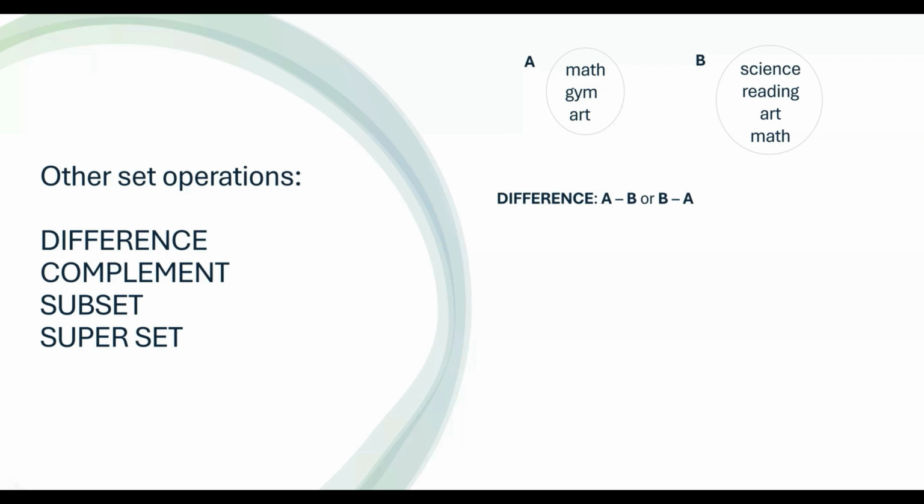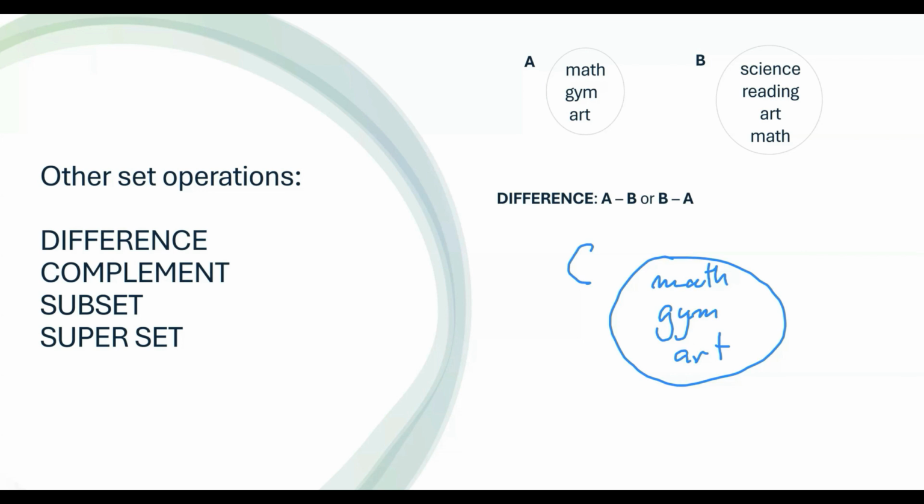Now, in the case of A take away B, look at what is shared between A and B. So you take away what is inside B that also appears in A. So you get a set C, and let's write A into it. So here you have math, gym, and art.